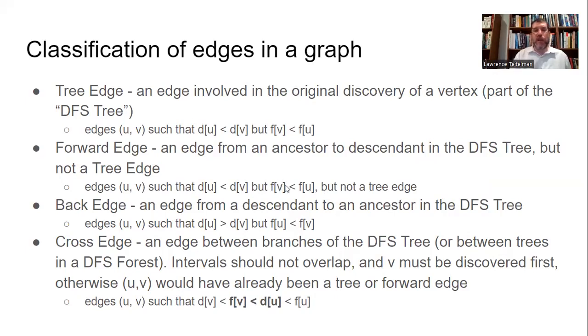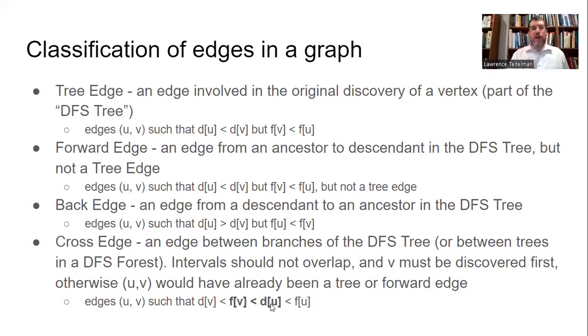The forward edge and the tree edge have the same property of discovery, but first we check if it's a tree edge. A back edge is different. In the back edge, the DU is greater. It was discovered after DV, but it was finished before FV. And then a cross edge, look at the cross edge. We finished V before we even discovered the other one.